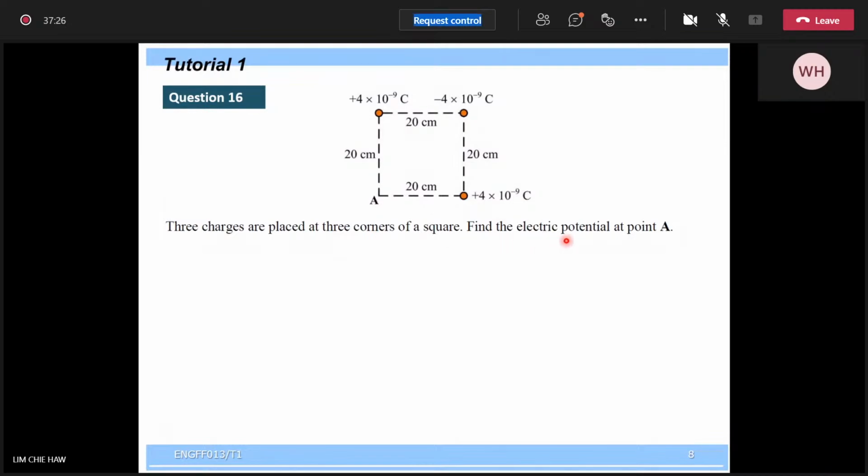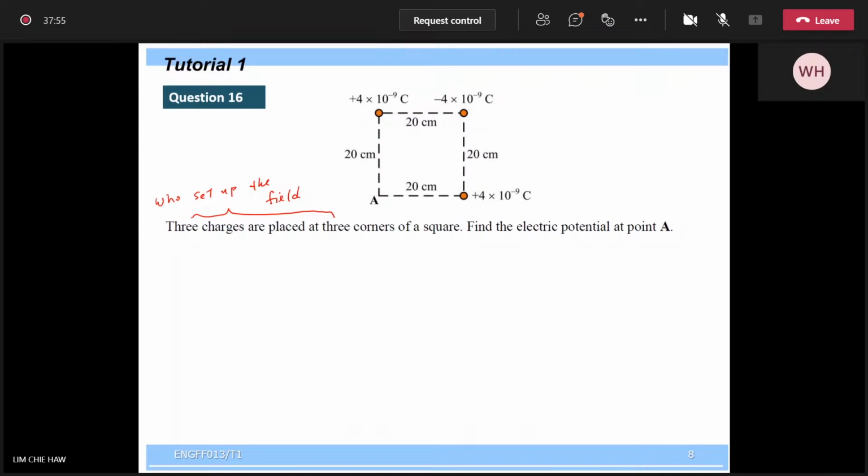Find the electric potential at point A. The first sentence, 3 charges are placed at 3 corners of the square, gives you the information on who sets up the field.